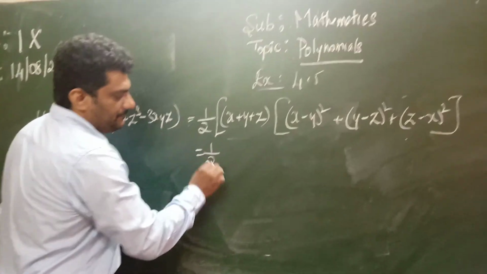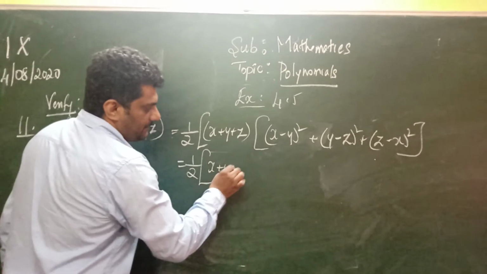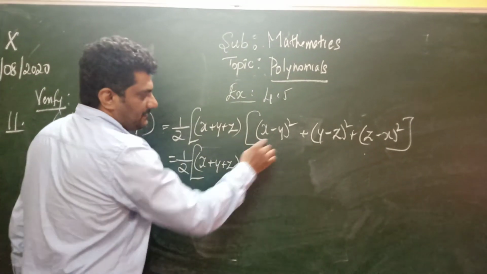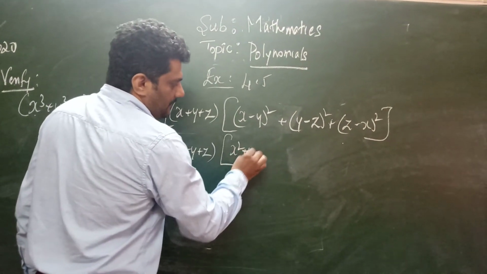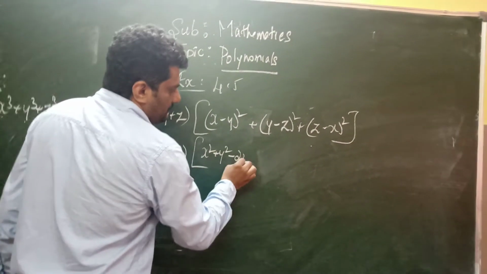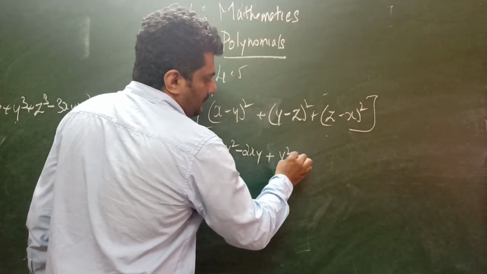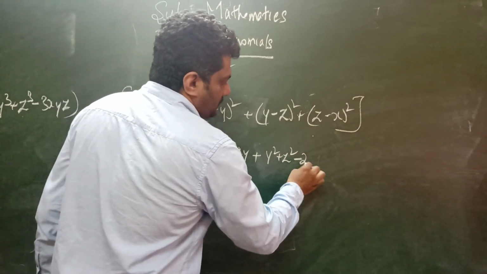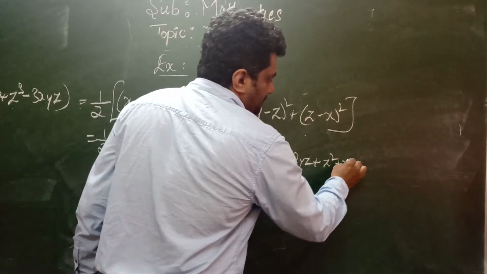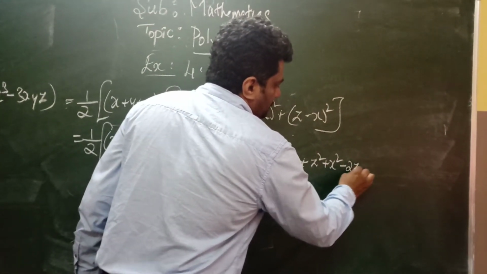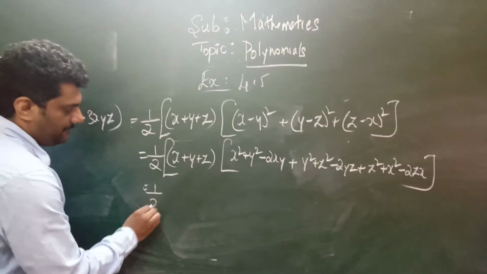Okay, let's do this one. Half as it is, you will write. This also as it is, you are writing. Expand this one. If I expand this, I'll get x squared plus y squared minus 2xy plus y squared plus z squared minus 2yz plus z squared plus x squared minus 2zx is equal to half.